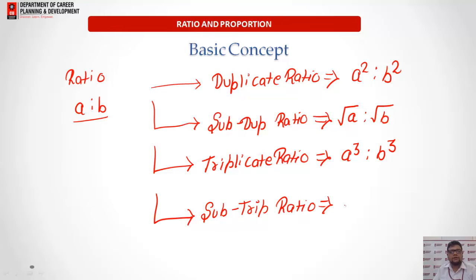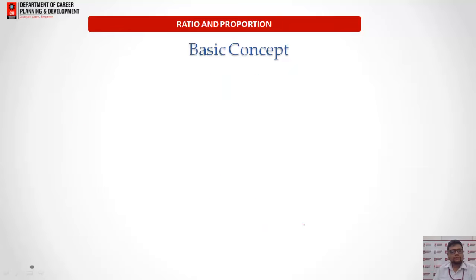Subtriplicate ratio will be cube root of A is to cube root of B. This will be the subtriplicate ratio of A is to B. Okay. So these are the four types of ratios which we will find from any ratio given to us, that is A is to B.